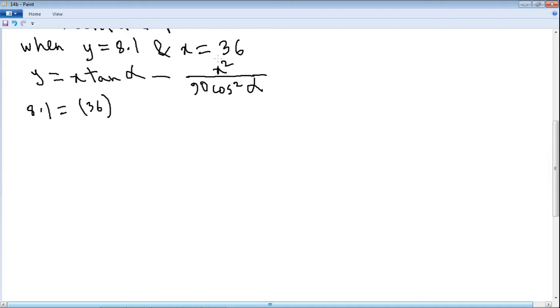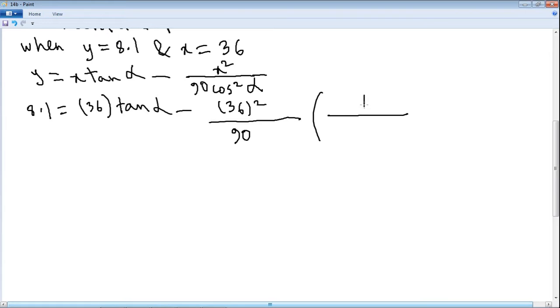Where y equals 8.1 and x equals 36. Here you go: tan alpha minus 36 whole squared divided by 90, and let me write this separately, 1 by cos squared alpha.